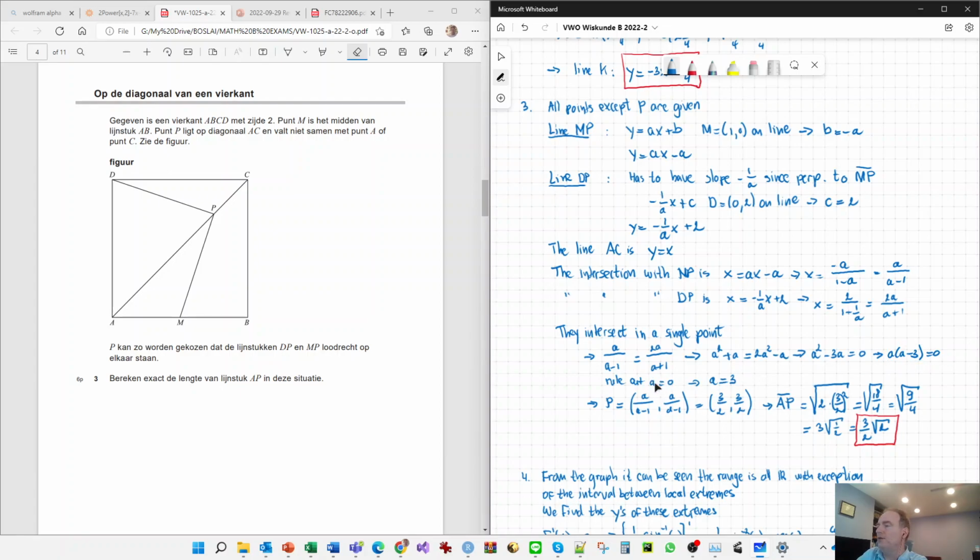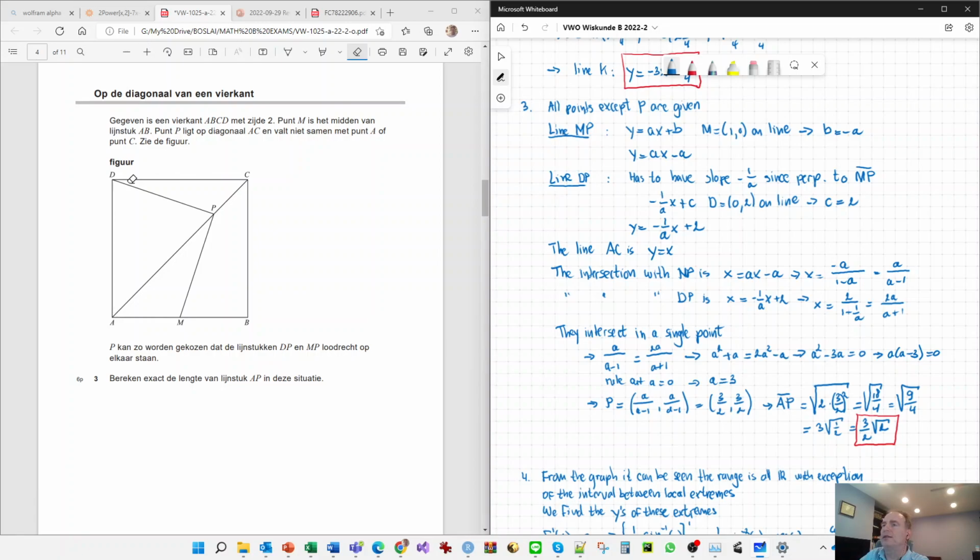And a equals 0, let's see, a equals 0 means that line MP is a horizontal line, and that would mean the line would be similar to AB, so it wouldn't cross the diagonal in a point that is not A or C. So we can rule out a equals 0.